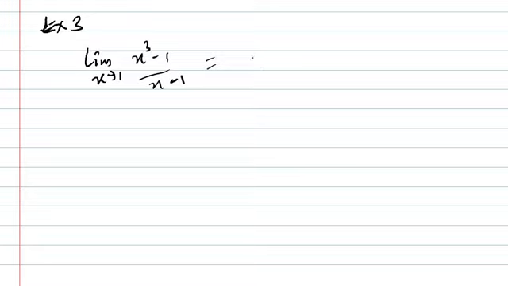So how can you factorize x cubed minus 1? Basically, you can have something like this. Let's say it's a difference of two squares, so you have x plus 1 times x minus 1.